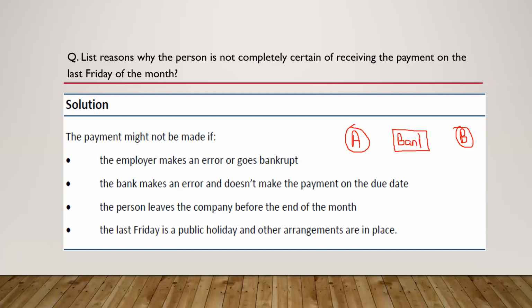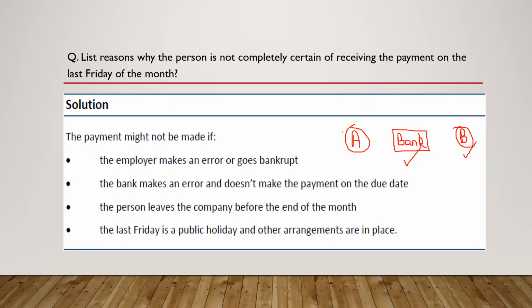And now there are three chances of the payment not being received by Mr. A. And what are those three chances? As mentioned in this solution, either the employer or the company makes an error or goes bankrupt, which is B. The bank makes an error and doesn't make the payment on the due date, which is your bank as shown in this diagram.